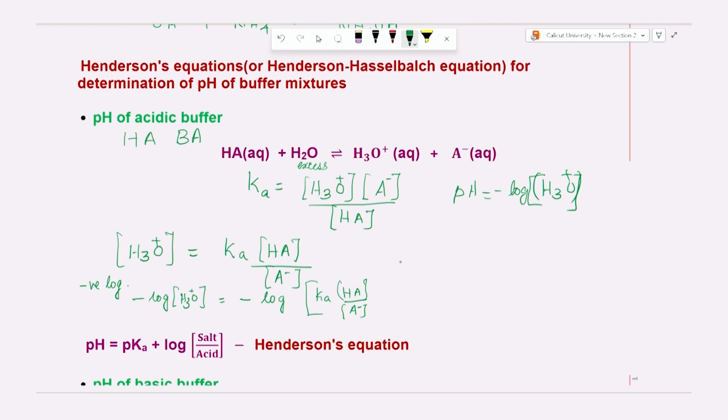Now, taking logarithms, this becomes pH is equal to, here I am going to take the negative logarithm inside the bracket. So, minus of log Ka.